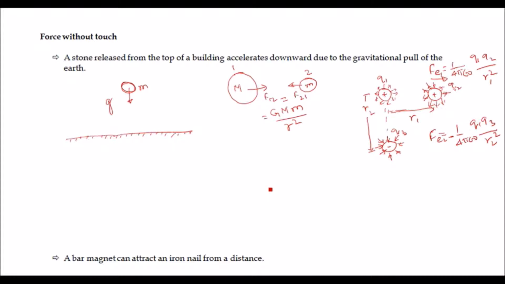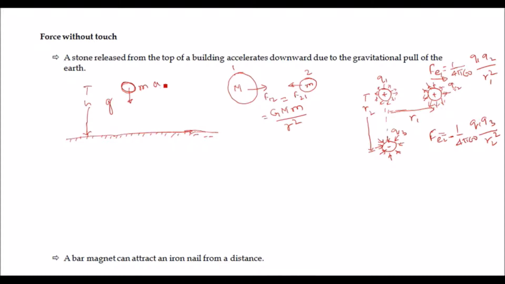A stone released from the top of a building accelerates downward due to the gravitational pull of the earth. So suppose this is the earth or the floor, and if I drop a ball from a height h, clearly the ball moves towards the ground. In fact, it accelerates, and it accelerates with an acceleration equal to g.